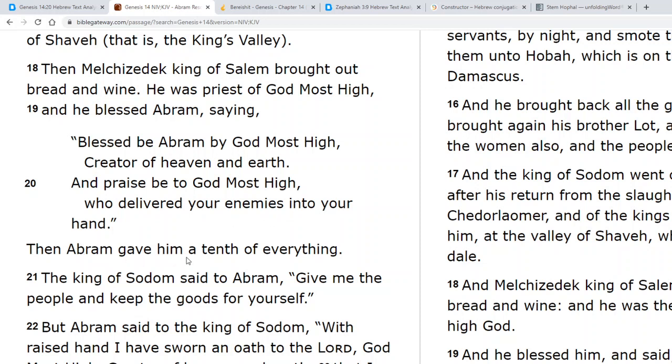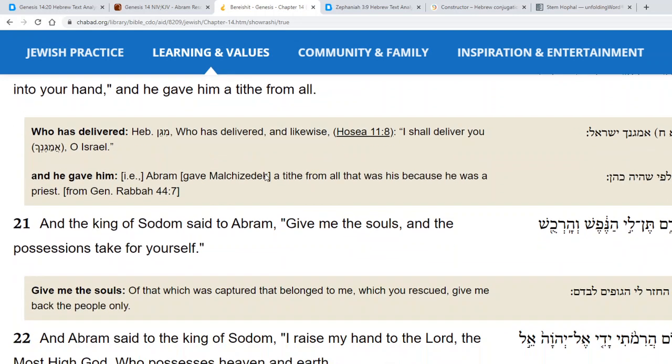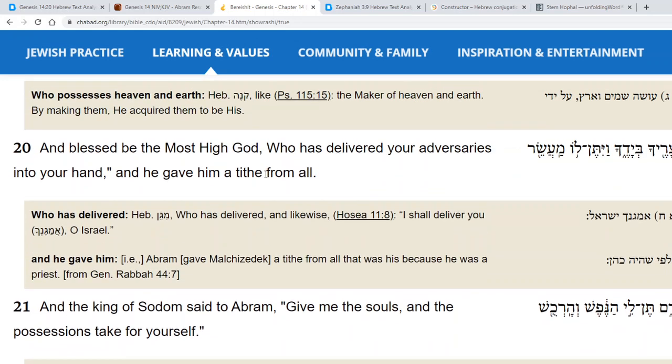Then Abram gave him a tenth of everything. Where'd you get that Abram from? It's not in the text. Okay. So, Chabad: and blessed be the Most High God, who has delivered your adversaries into your hand, and he gave him a tithe from all.